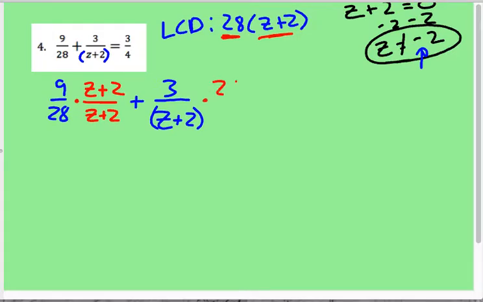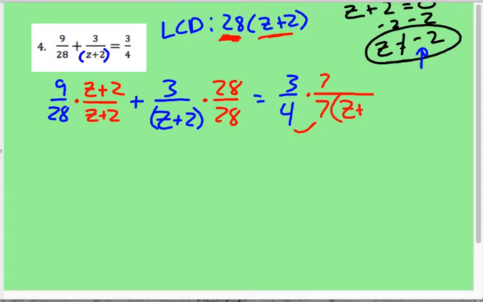So I'm going to have to multiply by 28 over 28. Equals 3/4. Okay, first of all, in order to get to 28, I'm going to have to multiply by 7 over 7. Right here, 7 times 4 is 28, which we want for our least common denominator. I'm also going to have to multiply by a z plus 2, because we don't have that in this denominator.